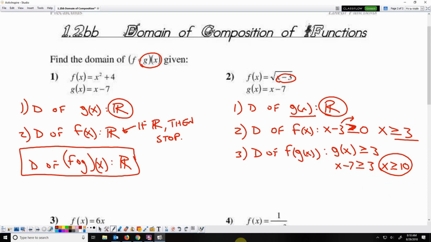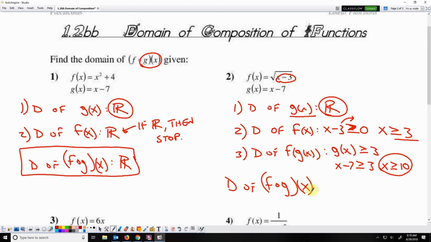The domain of f of g of x, or g of f of x, or any function of a function, must satisfy two things. When we overlap them, the domain will have to satisfy the domain of the inner function and the composition. So the domain of f of g of x, which by the way is the exact same thing as what's written right here, f of g of x.